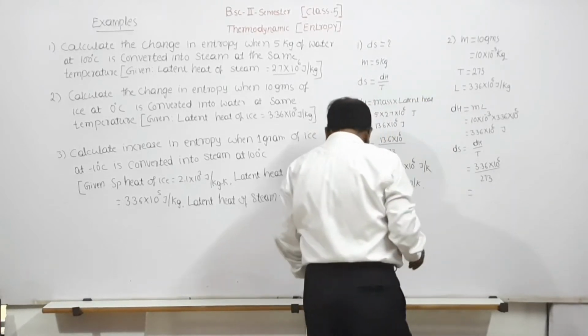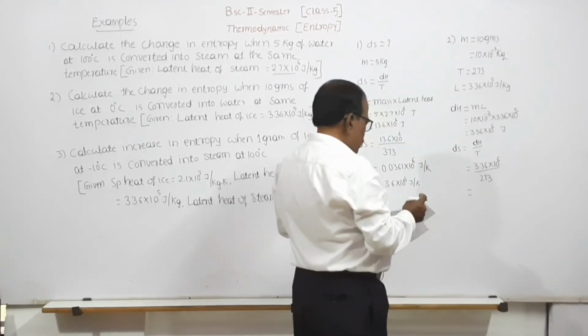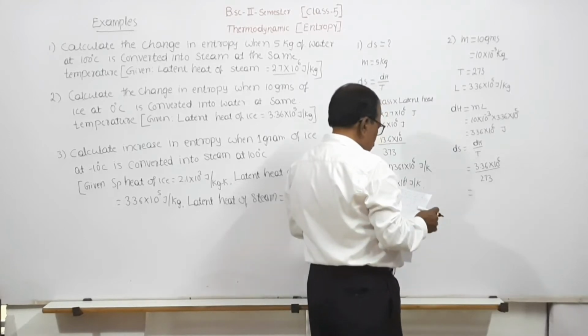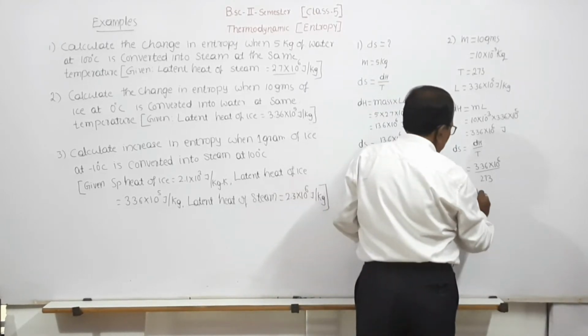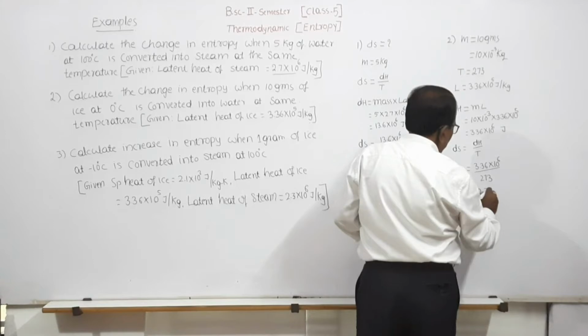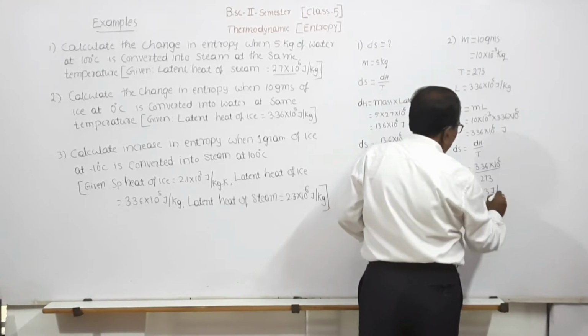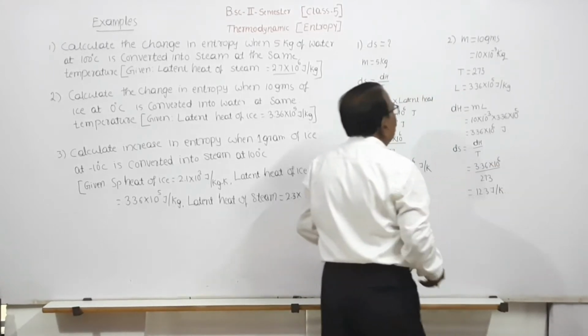And if you simplify this, you are going to get 12.3 joules per Kelvin.